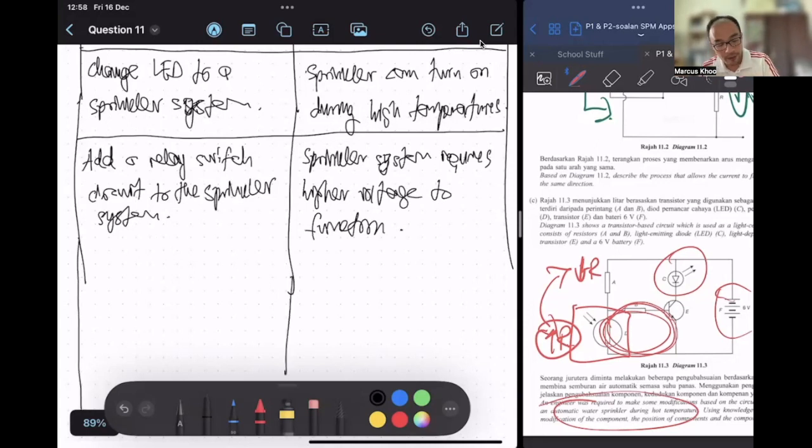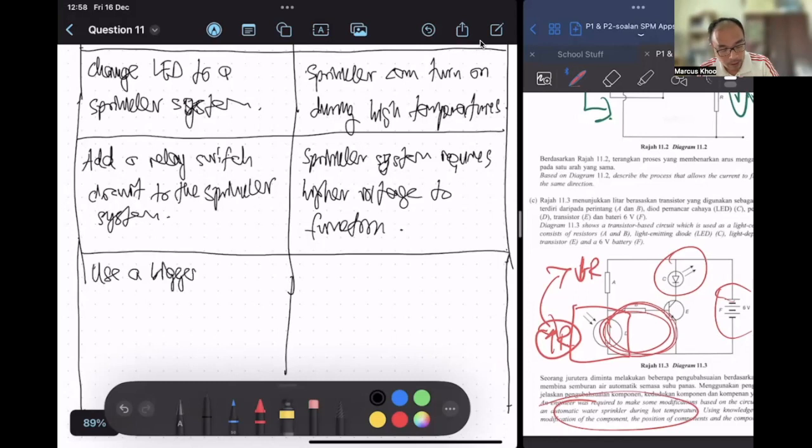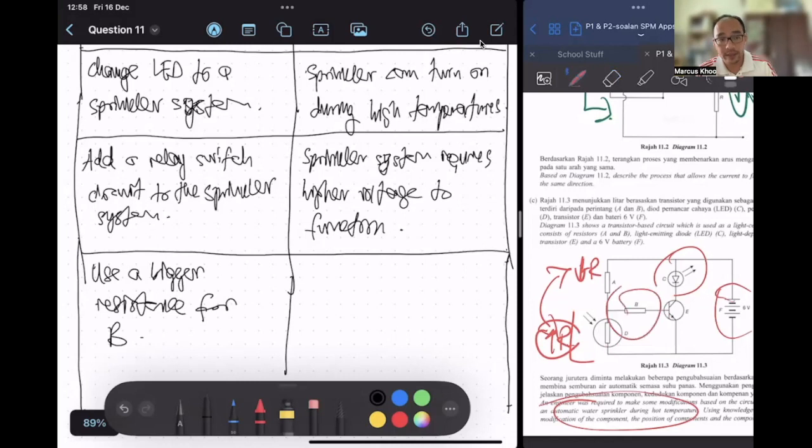Okay, and then finally, you use a bigger resistance for B. Okay, for resistor B, which is, gosh, it's gone already. The resistor B, this one. Okay, yeah, resistor B is that one.